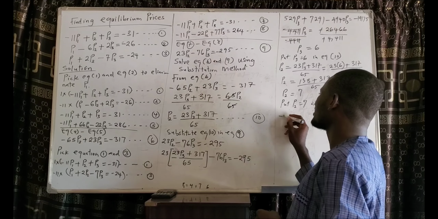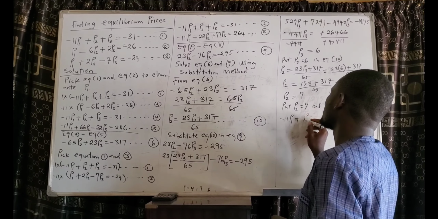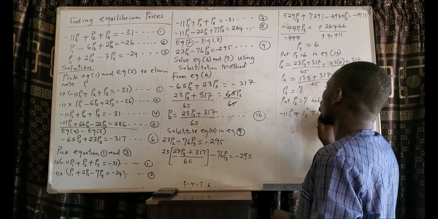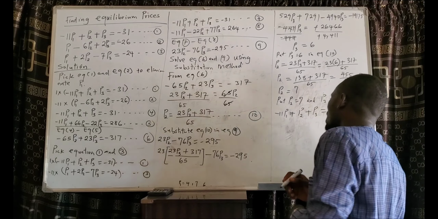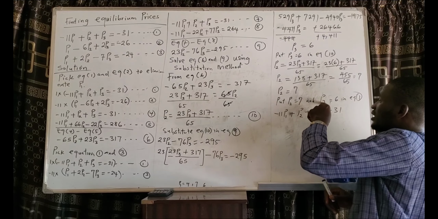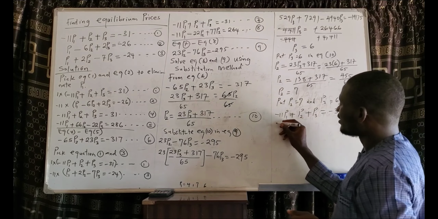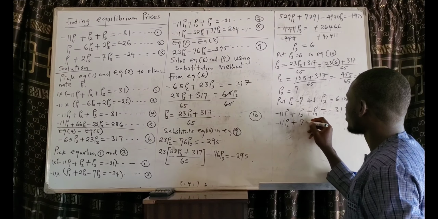Equation 1 is negative 11 P1 plus P2 plus P3 equal to negative 31. So anywhere you see P2, you put 7. P3, you put 6. You have negative 11 P1 plus P2, now you put 7.